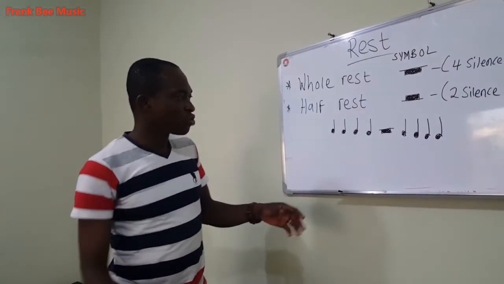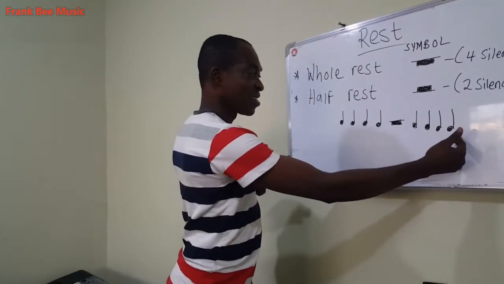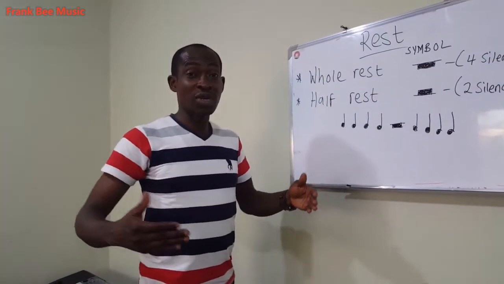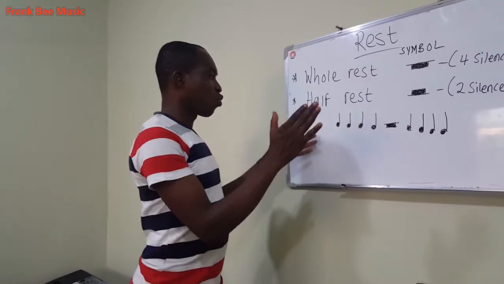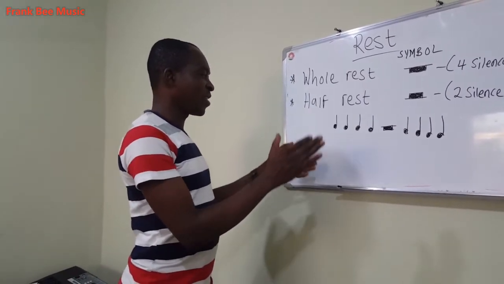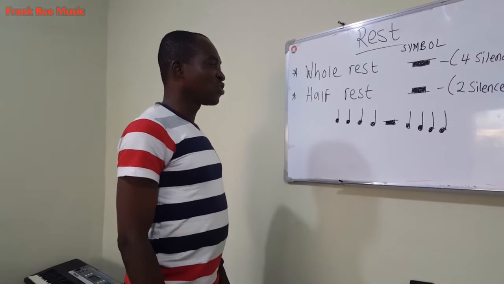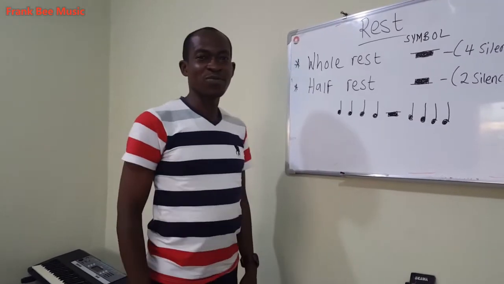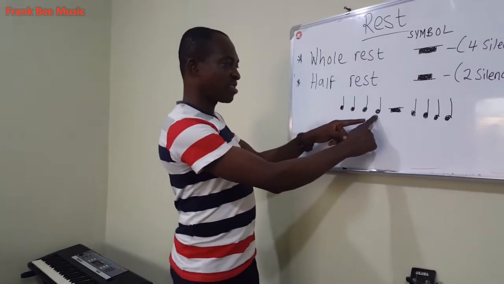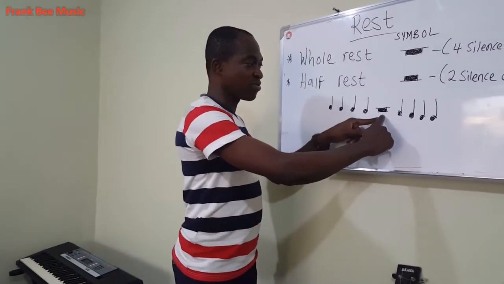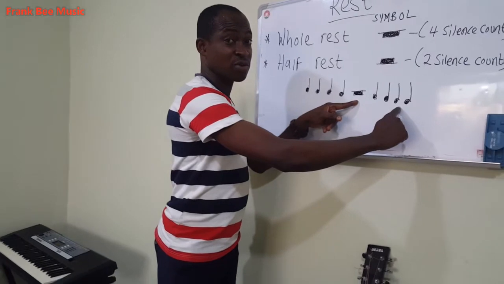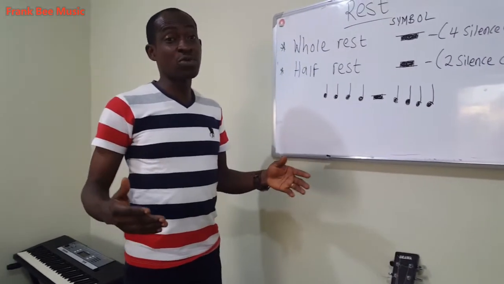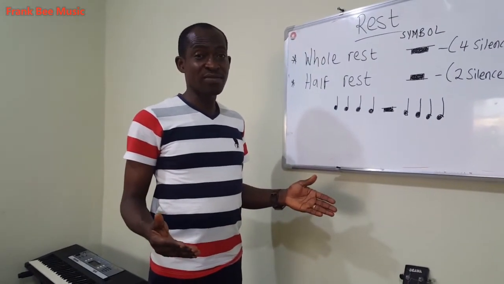So if we are to also clap to this, this is how we're going to clap. 1, 1, 1, 1, 2, 3, 4. 1, 2, 3, 4. So you can see that after this, we rested for 4 counts before continuing. So that's how the rest works.